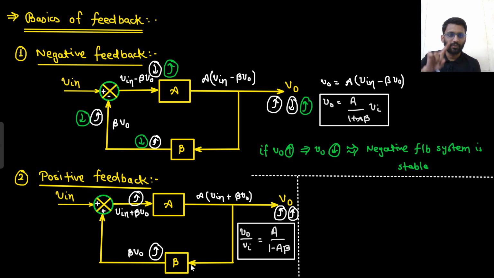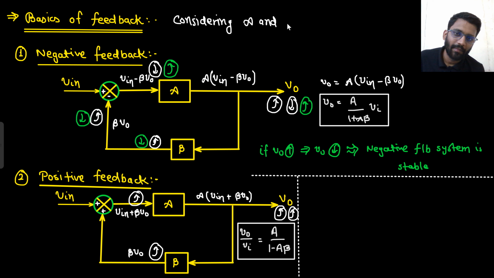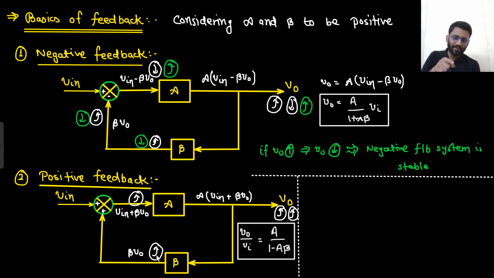Here A and beta both are positive; we are considering A and beta to be positive. So this node is increasing, that means this node is increasing, and then this node is increasing again. Now if this increases, it increases again, and the output will keep on increasing.